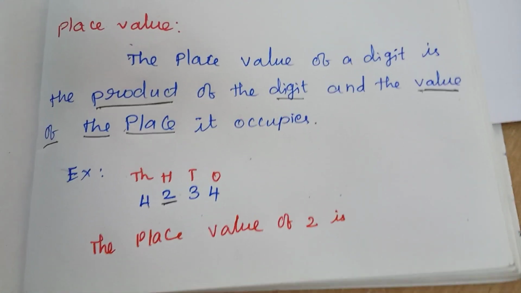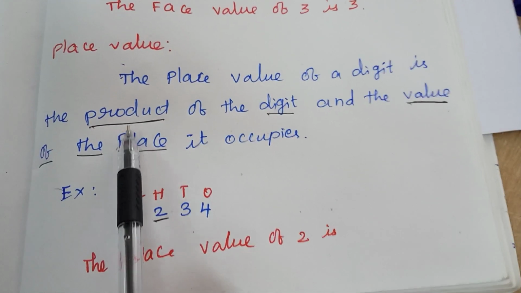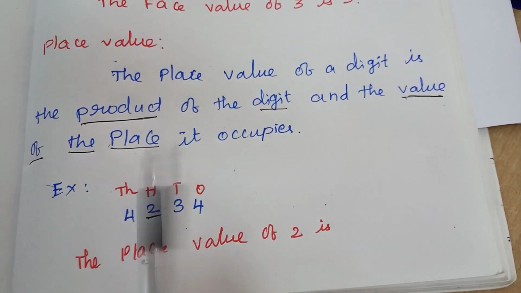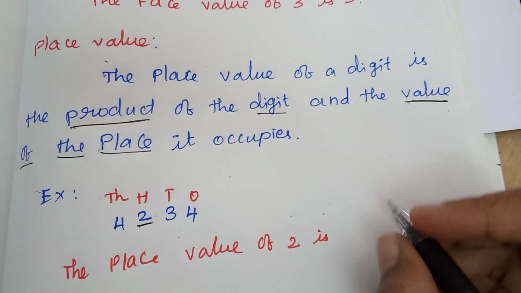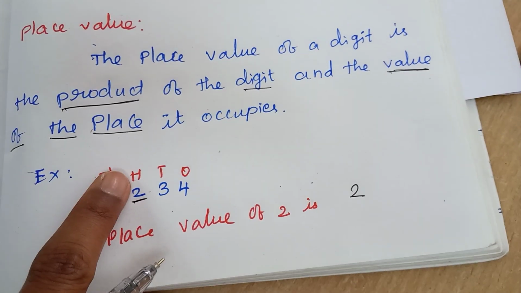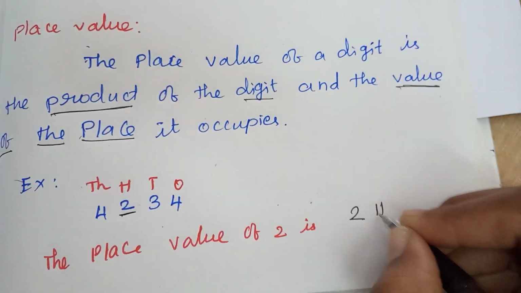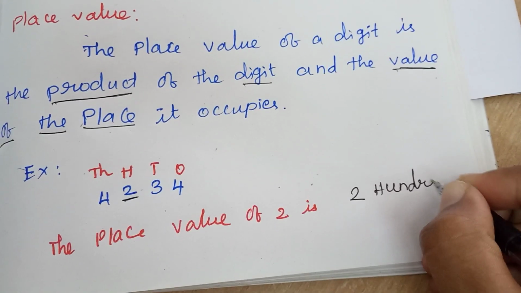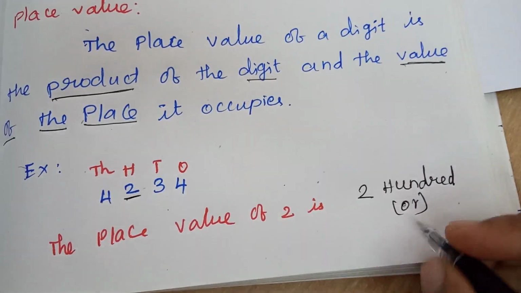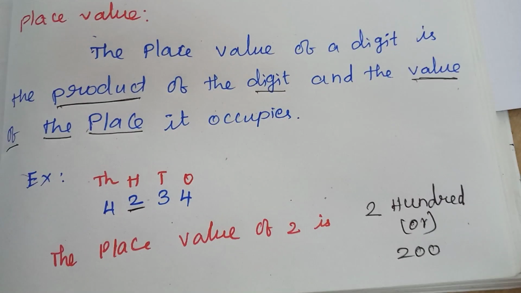Let's see. What is the definition? Product of the digit and the value of the place. The digit here is 2, and the 2 occupies the hundreds place, so the value of the place is 100. This is one way. Another way is to write directly 200.